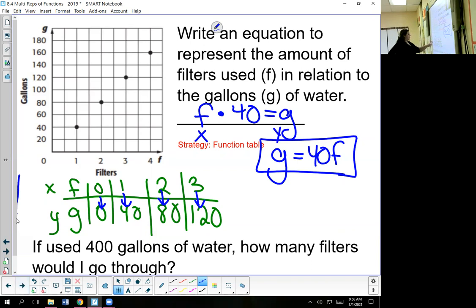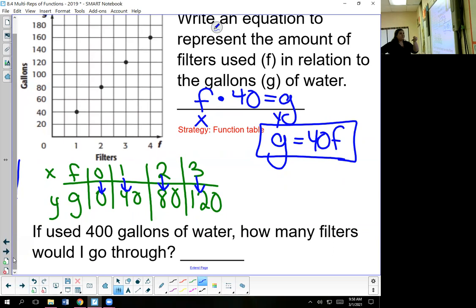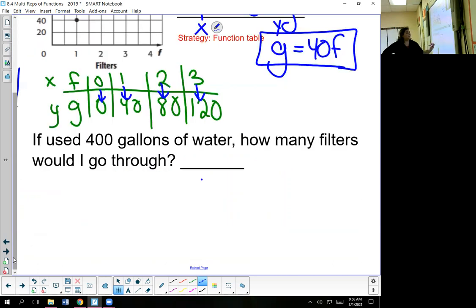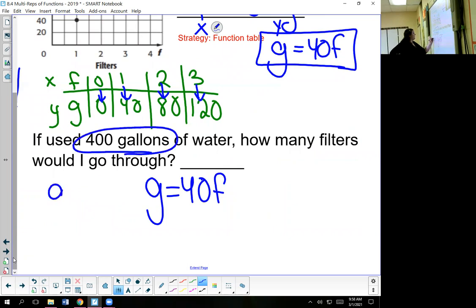Now, for this one, if I used 400 gallons of water, how many filters would I go through? Again, I'm using g equals 40f, but I'm telling you if I use 400 gallons, g is 400 this time. So I'm actually trying to figure out the input now.